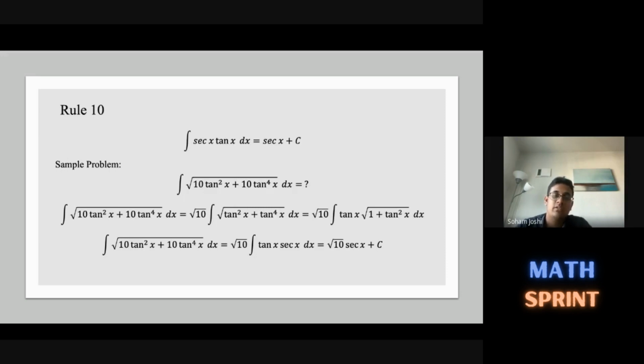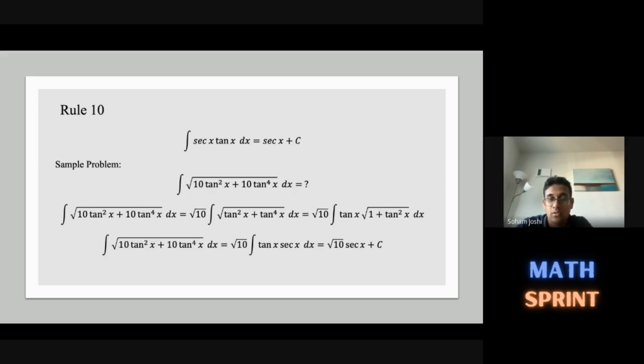First, we can take the square root of 10 outside the integral because it's a constant. Now we got the square root of tan square x plus tan to the power of 4x. We can take tan x out because tan square x plus tan to the power of 4x can be expressed as tan square x times 1 plus tan square x.